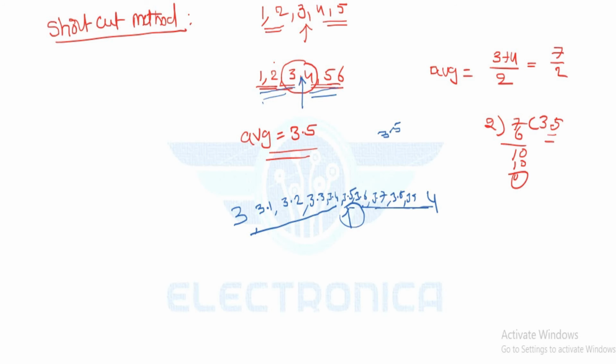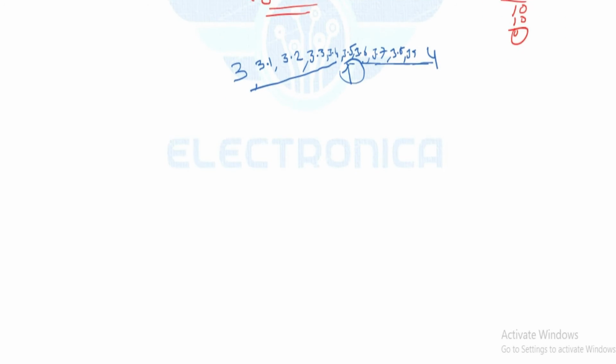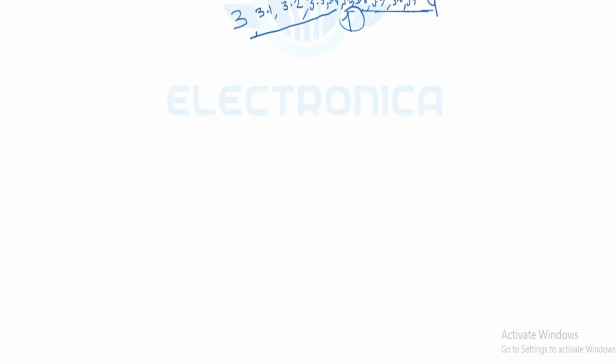Take another example. Suppose, what is the average of 2, 3, 5, 6, 7, 1?